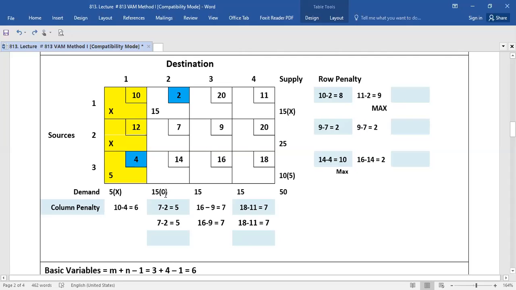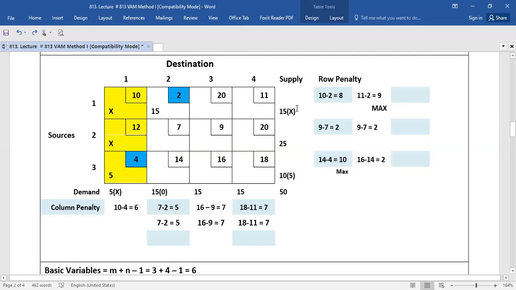So for your more convenience, I highlight this column. First of all, I will put the cross in the row which has the cross. In these blank cells, these are the blank cells where you have the cross sign.